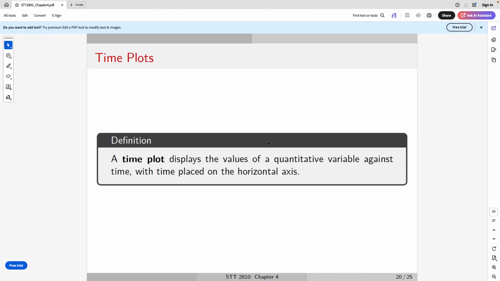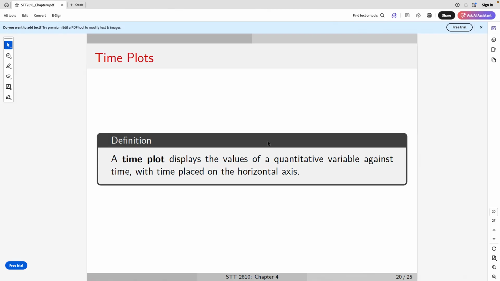Is that okay? We can use a time plot to display that information. Another example is our marriage data that we had, we can also display it using a time plot, because it has years and also the ages.